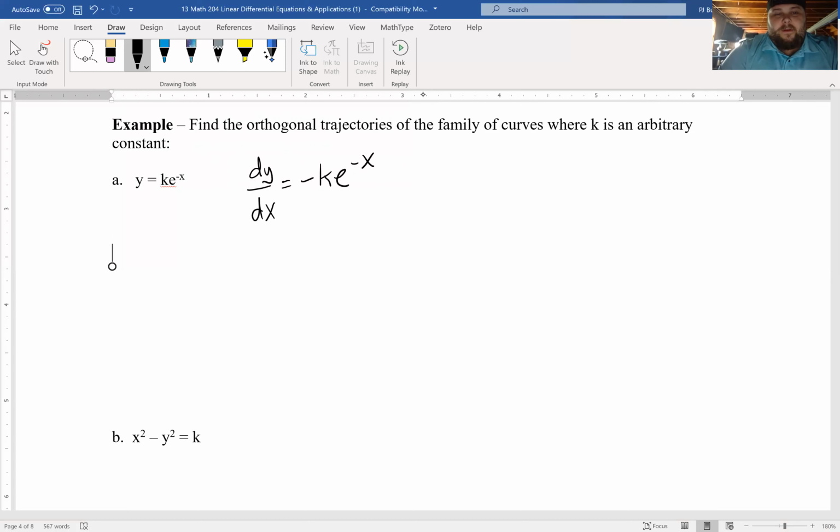To do that, we flip what we've found, 1 over it, and to make it opposite, we take the negative of the whole thing. It was already negative, so it becomes positive. This is now what we call dy/dx. If you want, you could call it dy1 and dy2, so you know the first one is from the original function, and the second is for the new function.